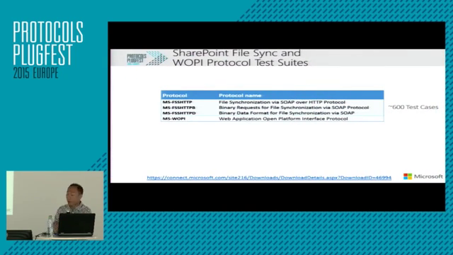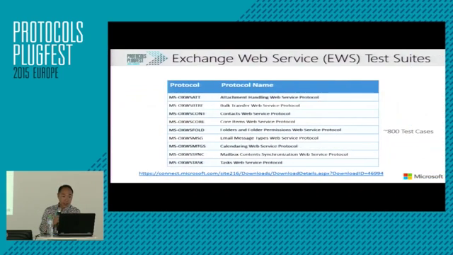And then we have the new WOPI and FSSHTTP test suite available now. We didn't change or add anything to EWS and EAS, but we just ramped them up to work with Visual Studio 2013.